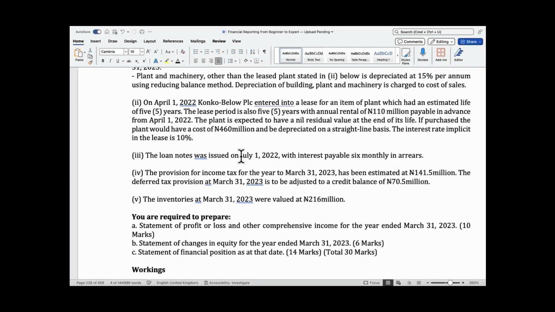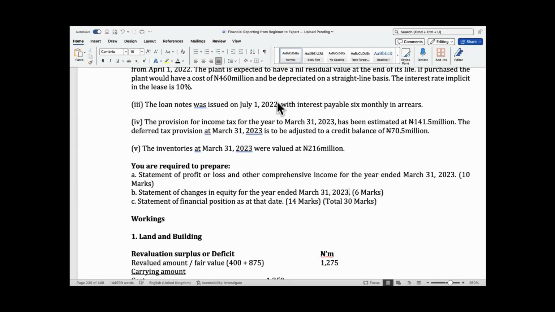If you look at this loan note, it was issued in July. And looking at the year end being March, these guys are supposed to pay, as far as this year is concerned, 9 months interest, because this loan was issued in July. If you count your hands, July to December already is 6 months. Then from January to March, that's another 3 months, making 9 months. So we will need to accrue for 9 months interest. And it is that 9 months interest that would go to P&L.